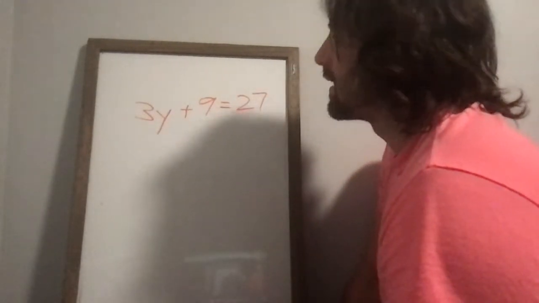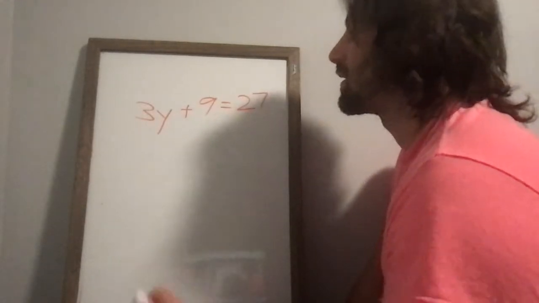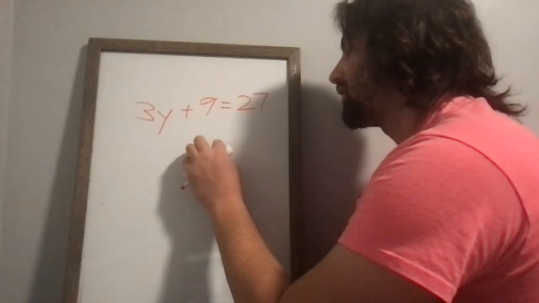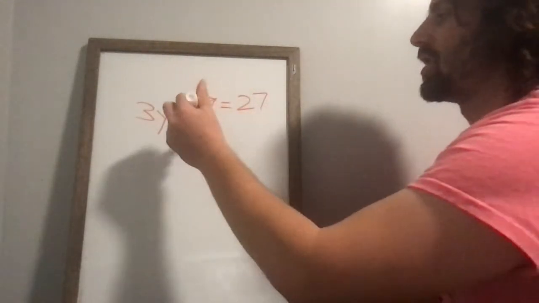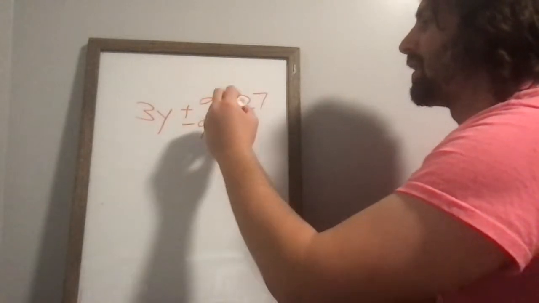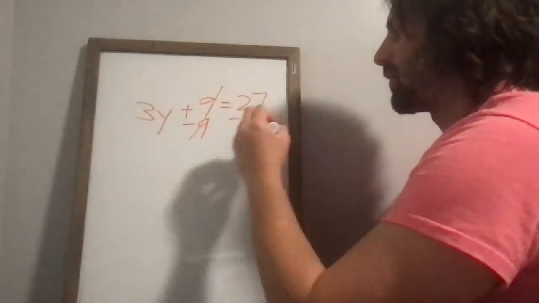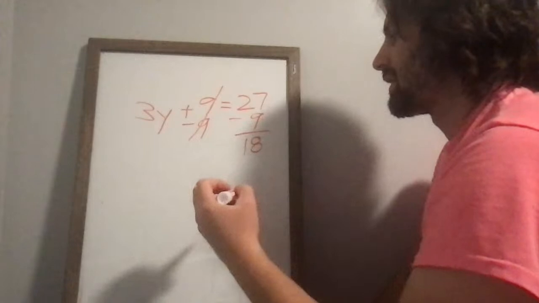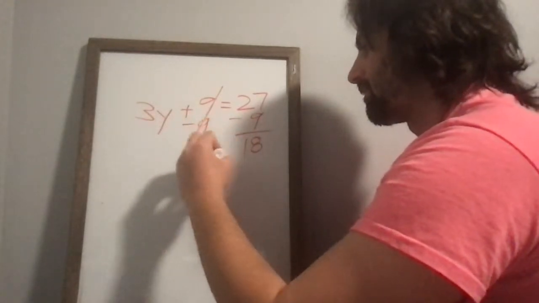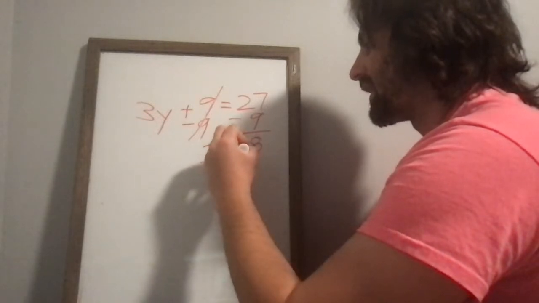We do that by getting the 9 on the other side of the equal sign. Since this problem's addition, we have to subtract. We do the opposite of whatever the operation is. So I'm going to go minus 9, minus 9. Those cancel each other out. 27 minus 9 equals 18. So 3y equals 18.